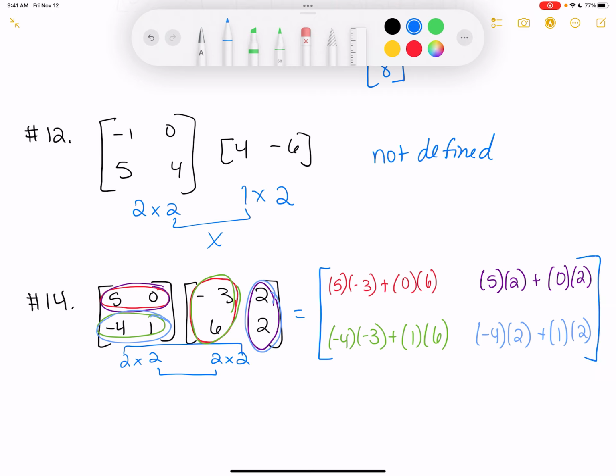Now you just need to simplify this. One way to check that you have done everything correctly: in your first row, your first numbers should be the same. Both of these are 5s and both of these are 0s. Down here both -4, then both 1s.